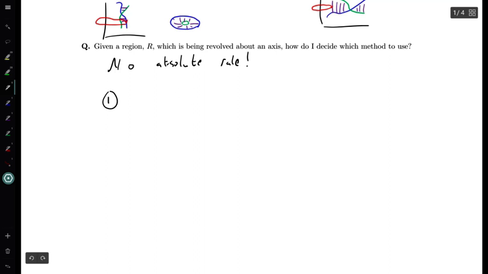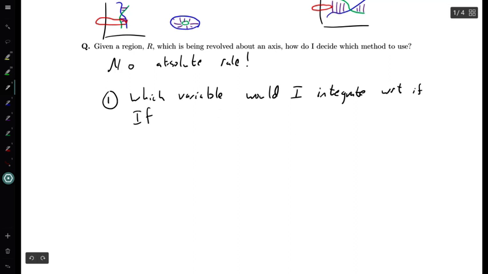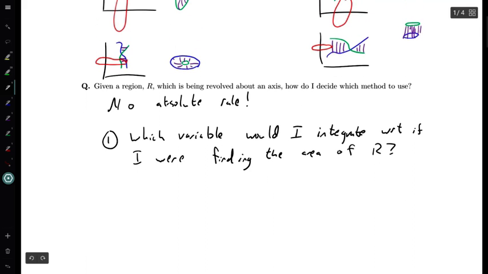So the first question that I like to ask is which variable would I integrate with respect to if I were finding the area of R? So R is some region in the plane, and I might think first which variable would I use if I were just finding that area of R?